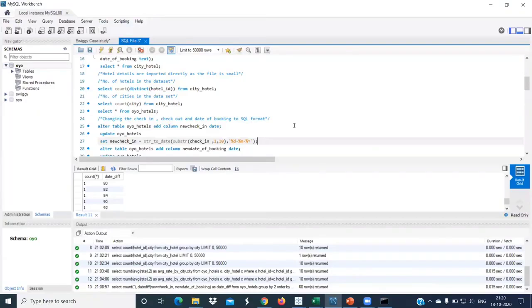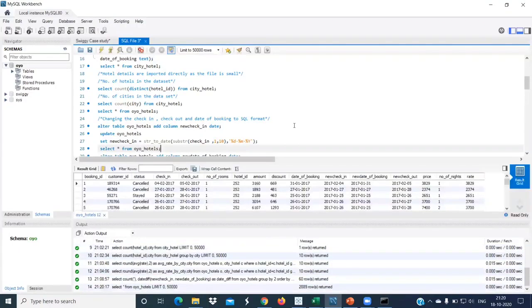A new column called new check-in date will get created, and the date will be in a format that suits SQL. We can see here that all three date columns were created anew in a format that suits SQL. You can see check-in and check-out date and date of booking. These were the original ones as given in the dataset, whereas these are the new check-in date, new date of booking, and new check-out date.